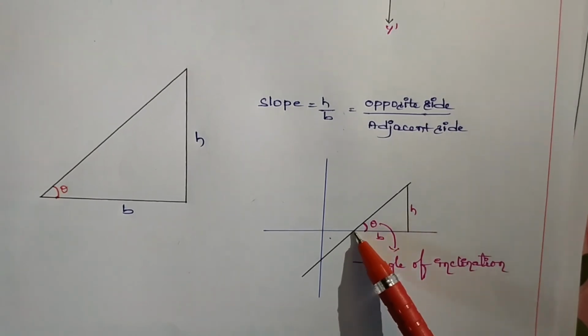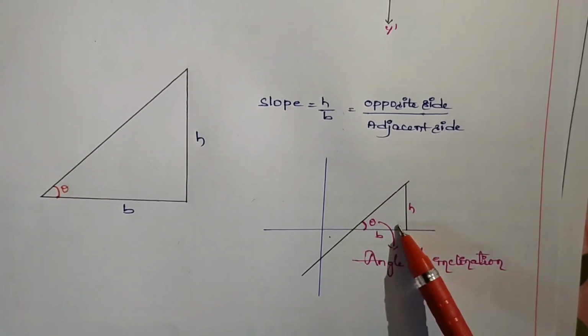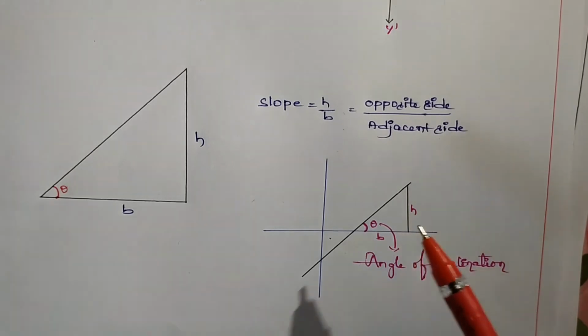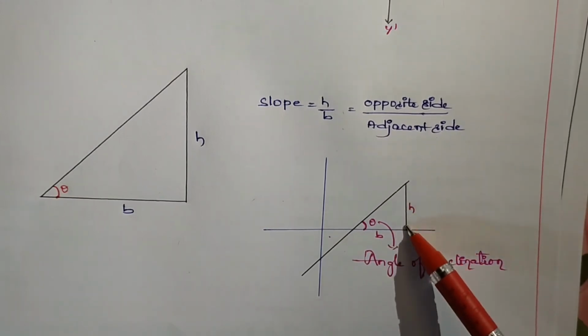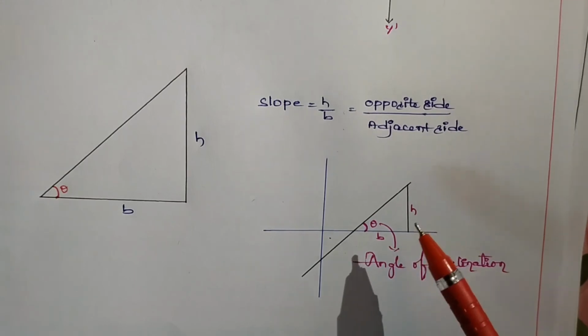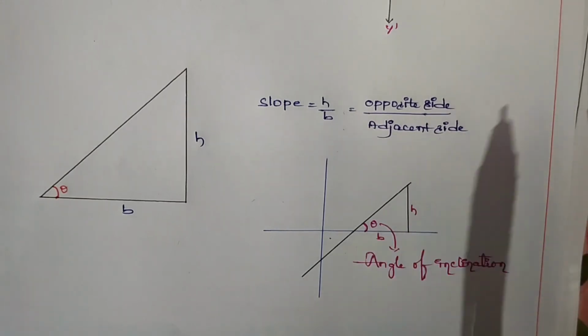This angle is formed by the intersection of this line and the x-axis. Now, change in y over change in x is nothing but tan theta from the right angle triangle.